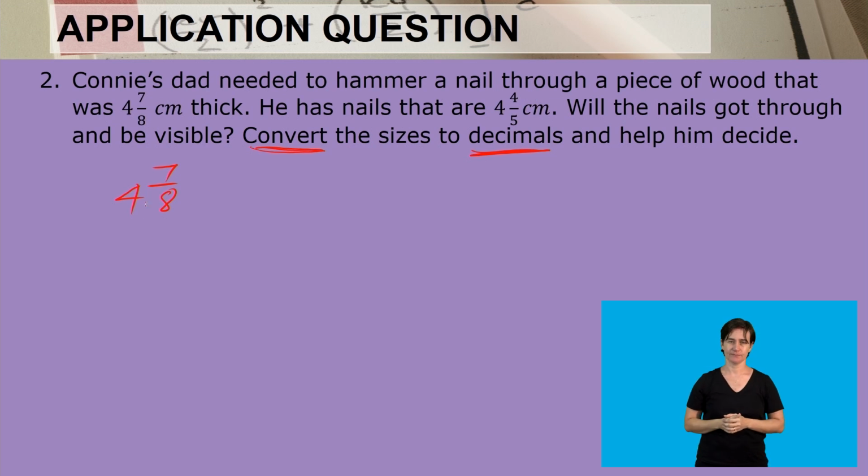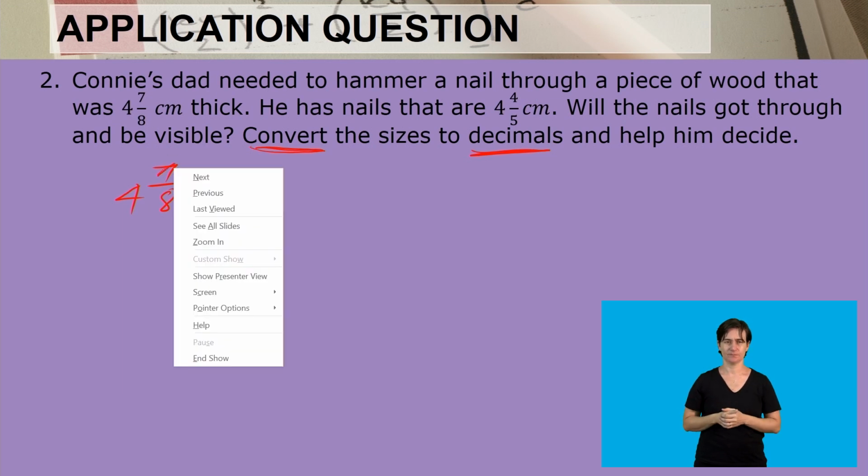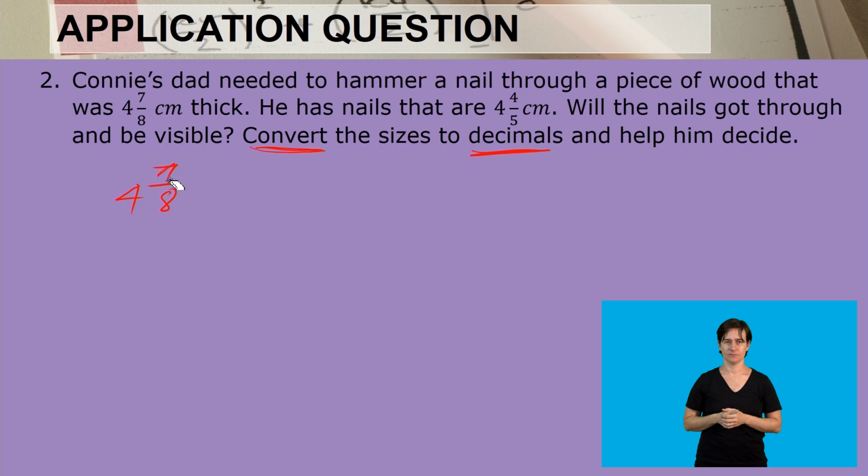4 is a whole number, so we look at the decimal as the 7/8. Let me write it properly. 4 plus 7/8. So we look at that decimal on its own, the 7/8, and we ask, what number can we multiply this with to become 10, 100, or 1,000?